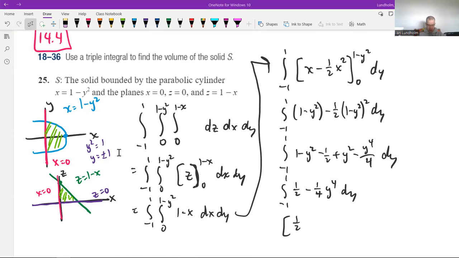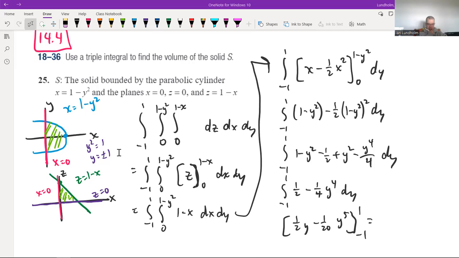We get 1/2 y minus 1/20th y to the 5th, and we plug in 1 and negative 1. This is odd, so that's going to be a thing.